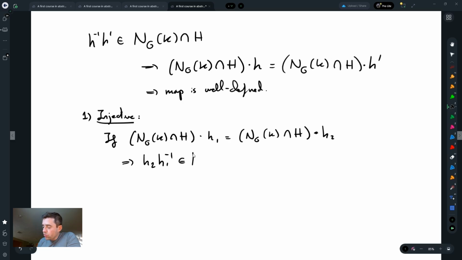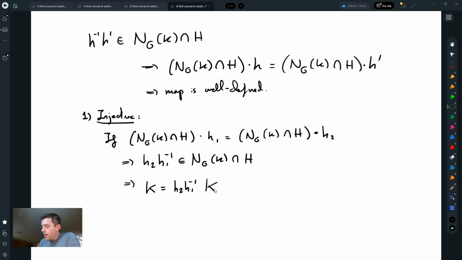So this will belong to N_G(K) intersect H. So it is in H, that much I know, but it is also in the normalizer of K. And since it is in the normalizer, if I conjugate K by h2 h1 inverse, I will get K back.